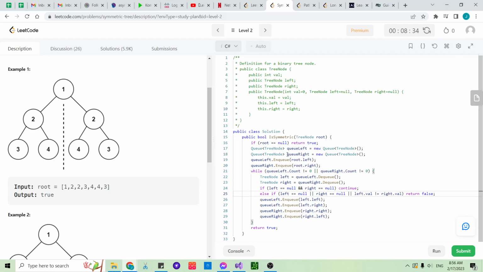I guess that would be a little improvement. So here, instead of enqueuing the left right children, we will only enqueue it when it's not null. Then we don't have to check the case when both of them are null, because that would be just wasting more steps. Let's see.